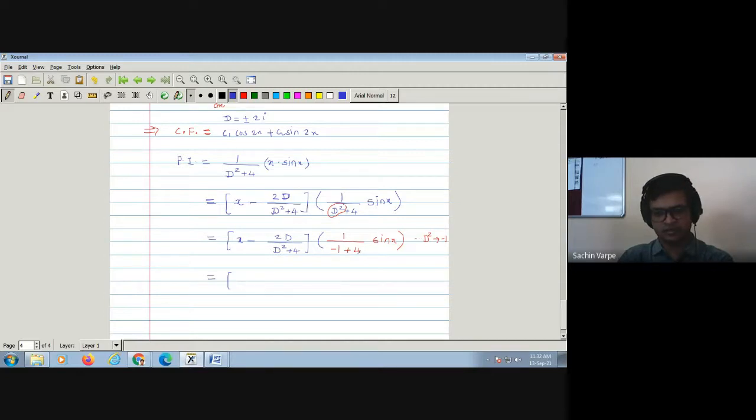This is 1 by 3. So that 1 by 3 I am writing outside. And sin x, I am multiplying, so x sin x minus 2d upon d square plus 4 sin x.